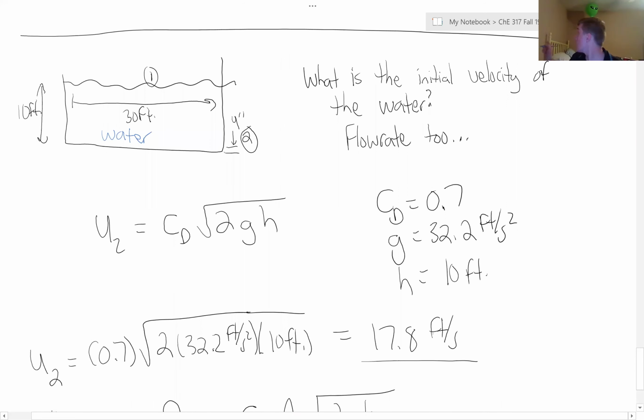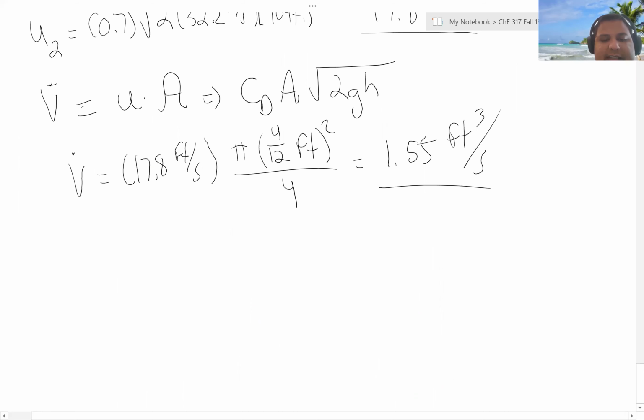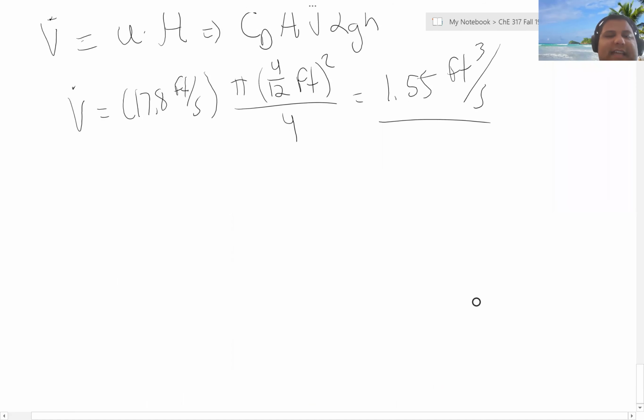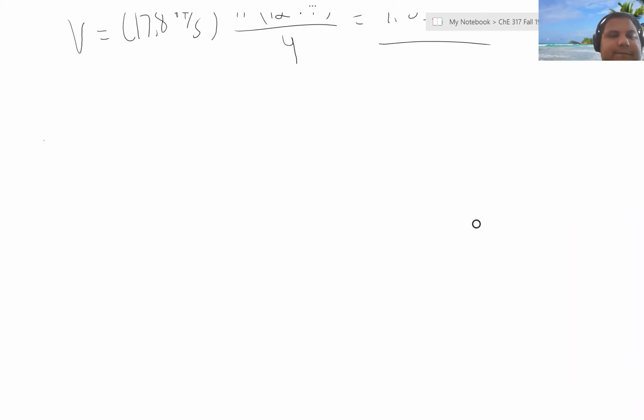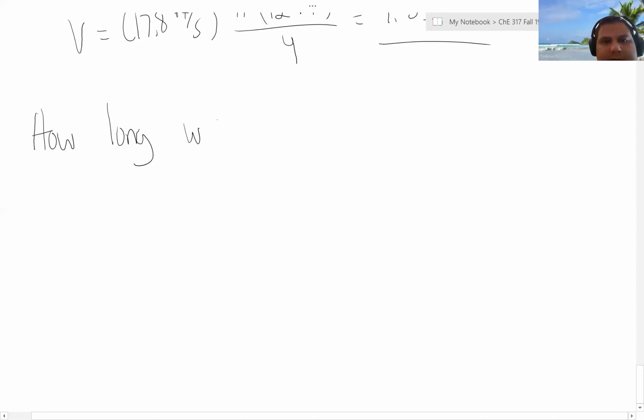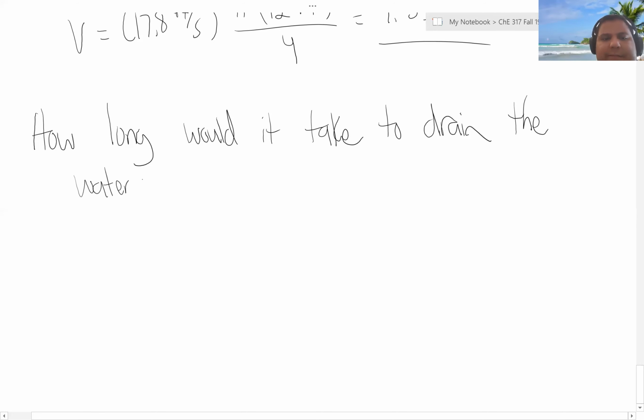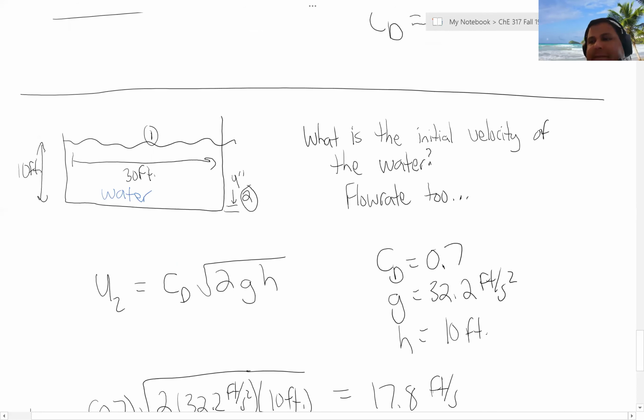So now the tricky part is part 2 of this question that states, how long would it take to drain the water? Well, what's going to happen to the velocity and the flow rate as the fluid leaves the tank?